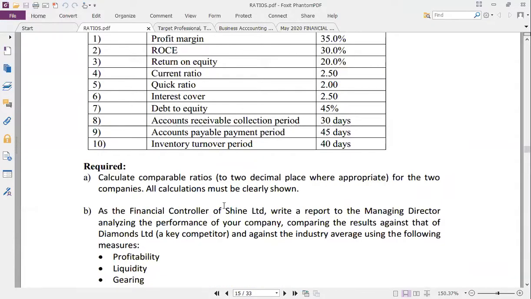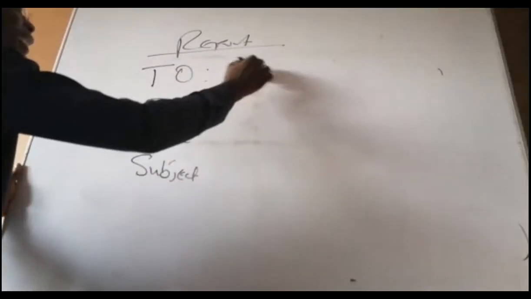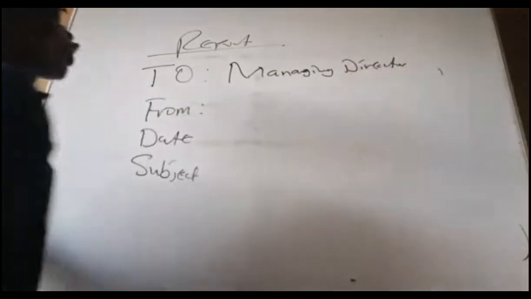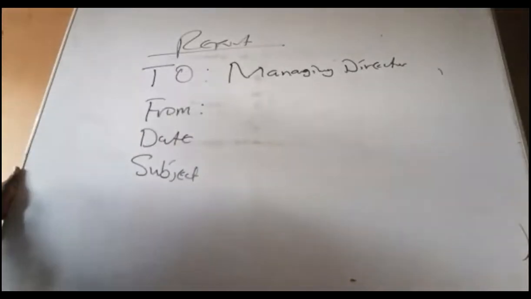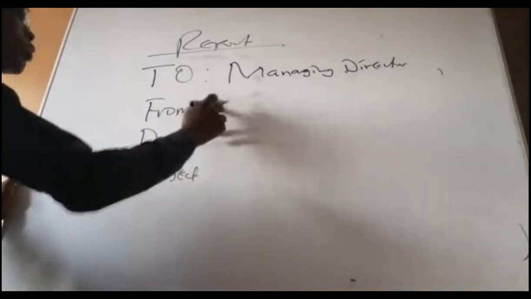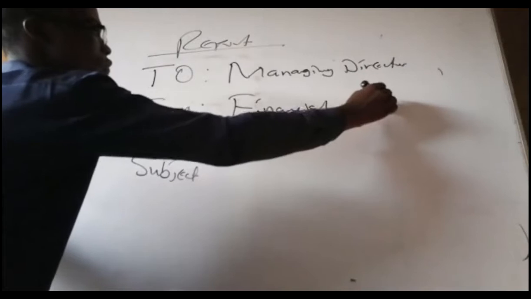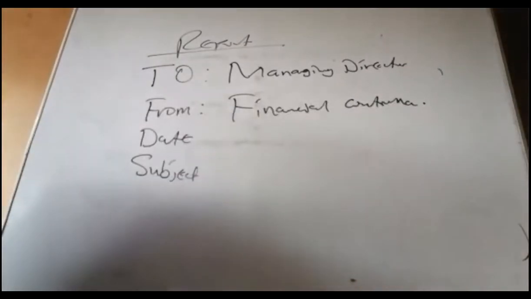As the financial controller of Shine Limited, if it addresses you as the financial controller, nobody will take it from you. Write a report to the managing director. So, to the managing director of Shine Limited. From: financial controller.